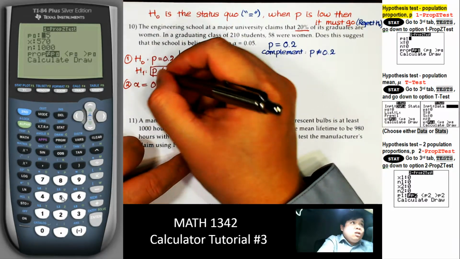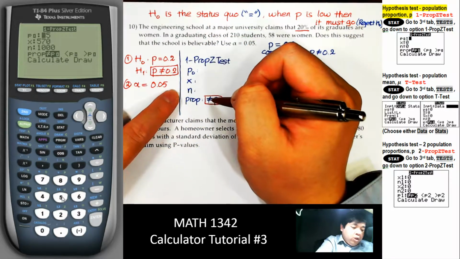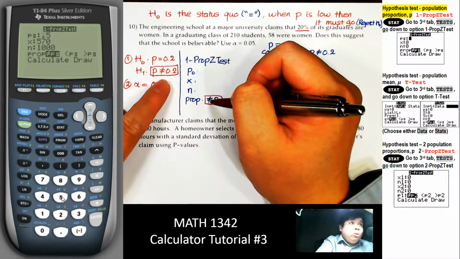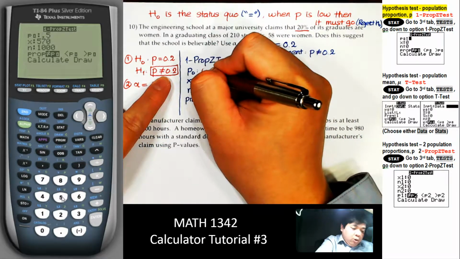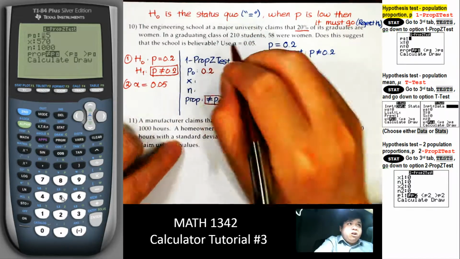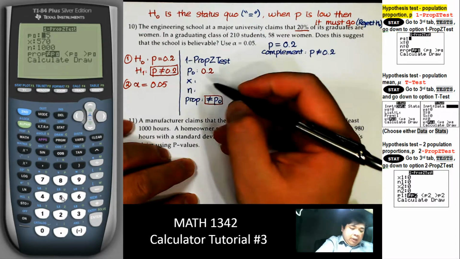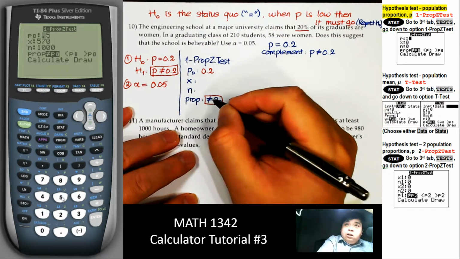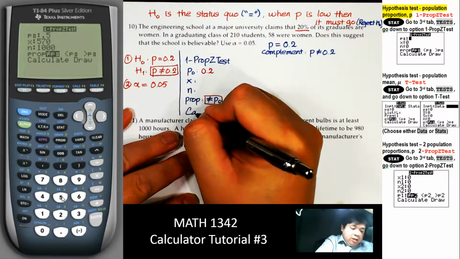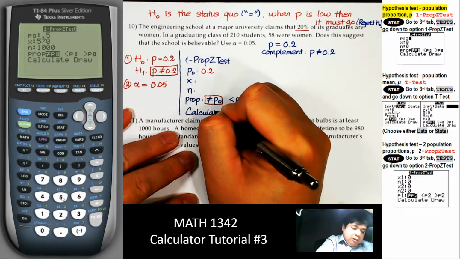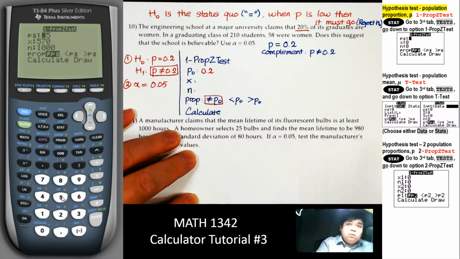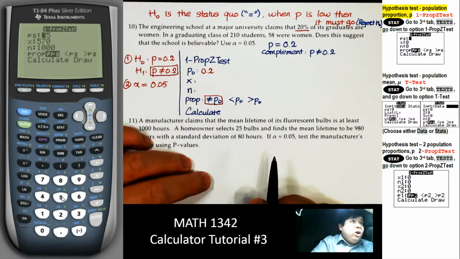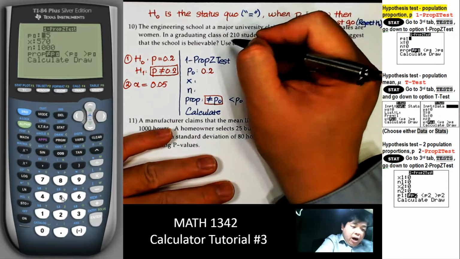The alternative hypothesis is P not equal to 0.2, so that's not equal to, and we have 0.2 here for P naught as well. We just need to have x and n for the sample.